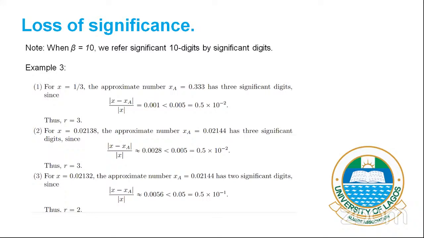The 0.005 is, let me get my... So the 0.005 is still the same thing as 0.5 times 10 raised to the power -2. Are we clear on it?